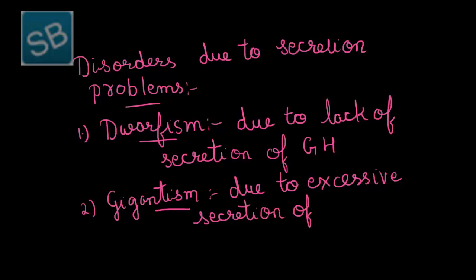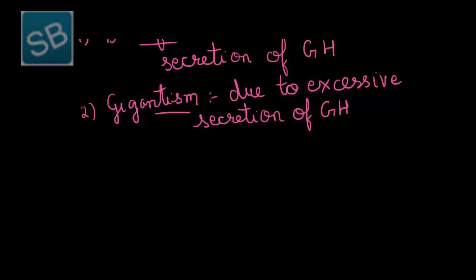Thus, it is essential for the proper amount of secretion of the growth hormone within the body for proper functioning of the body. The disorder gigantism generally occurs during childhood time. However, during the adult, if such an excessive secretion of growth hormone occurs, then it results into the disorder acromegaly.